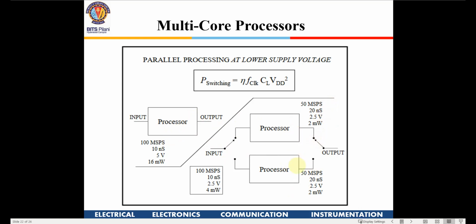So we should not look at multi-core processors as something which will increase the speed alone. It has much more to do with the power budget scheme, right? Multi-cores, you need to understand that. And in many processors the VDD is also scaled dynamically whenever the processor gets heated up.